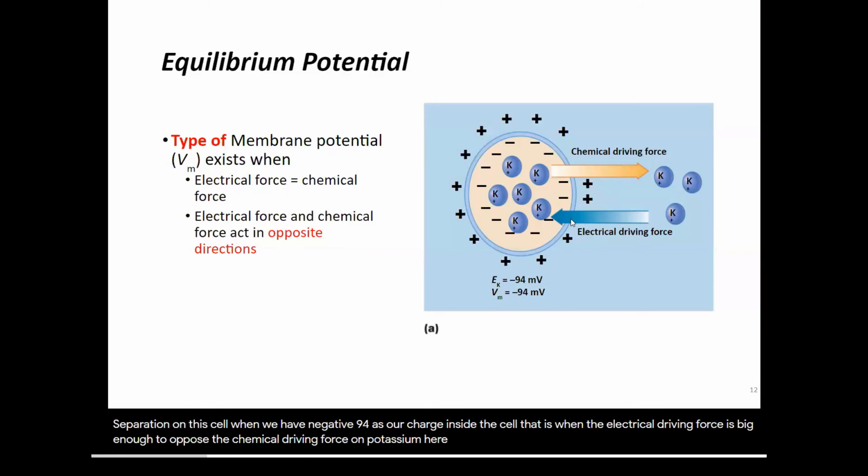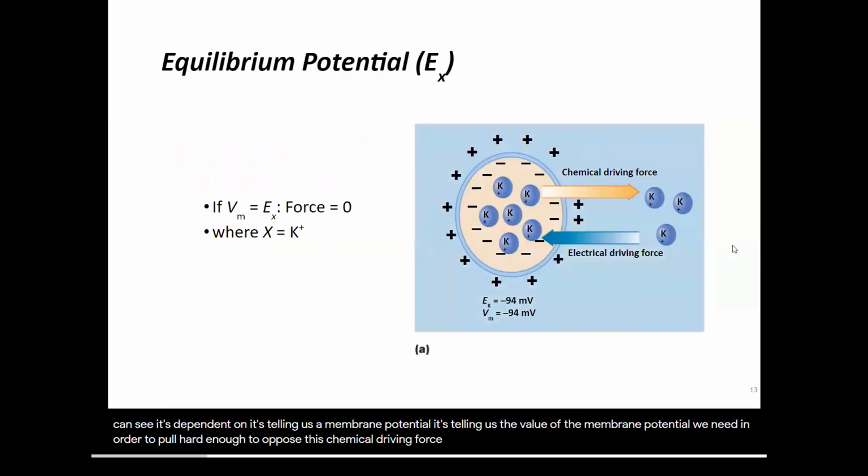Okay. So this is dependent slightly on environment. And as we can see, it's telling us a membrane potential. It's telling us the value of the membrane potential we need in order to pull hard enough to oppose this chemical driving force. Okay.